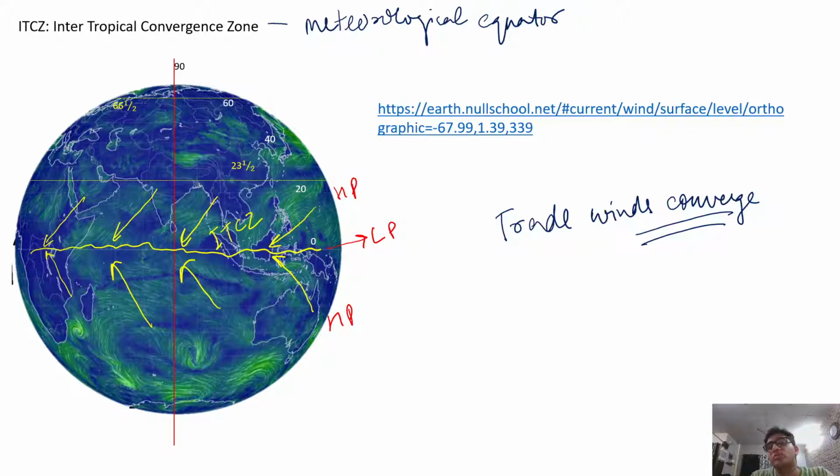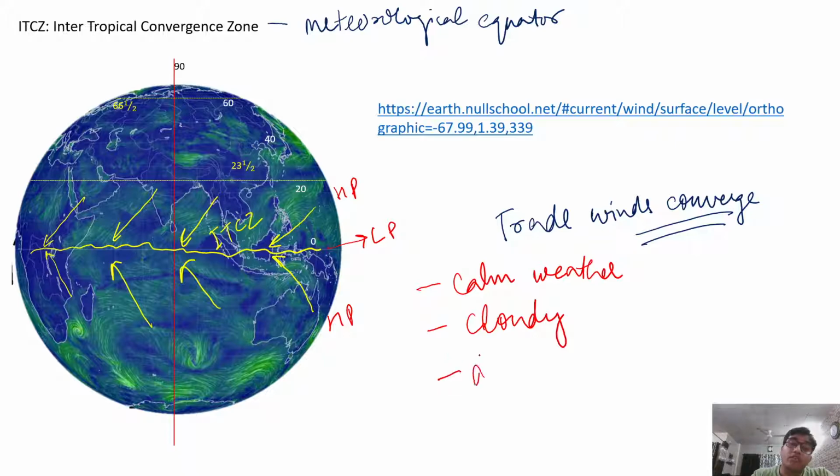So the low pressure zones are represented by calm weather. Sometimes it is cloudy also over here. Normally they're also referred to as doldrums because here the wind speed is extremely low.